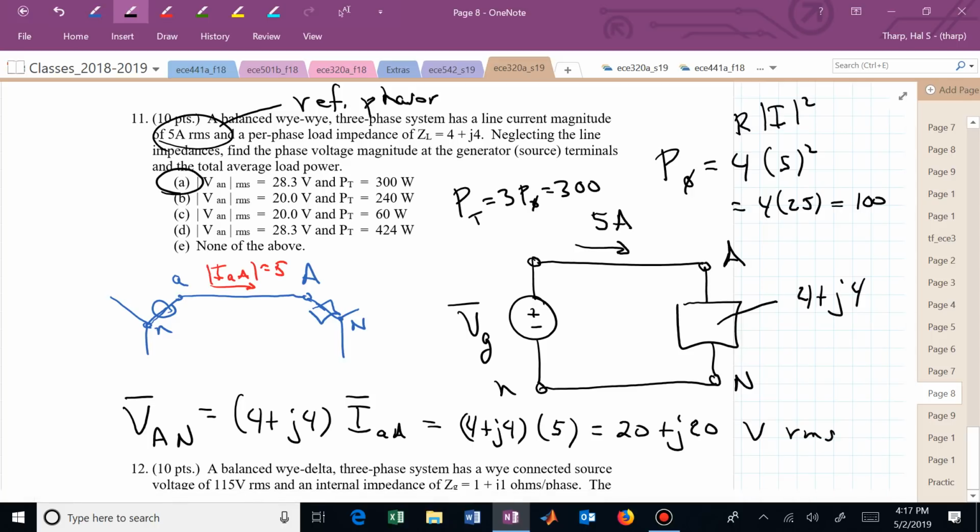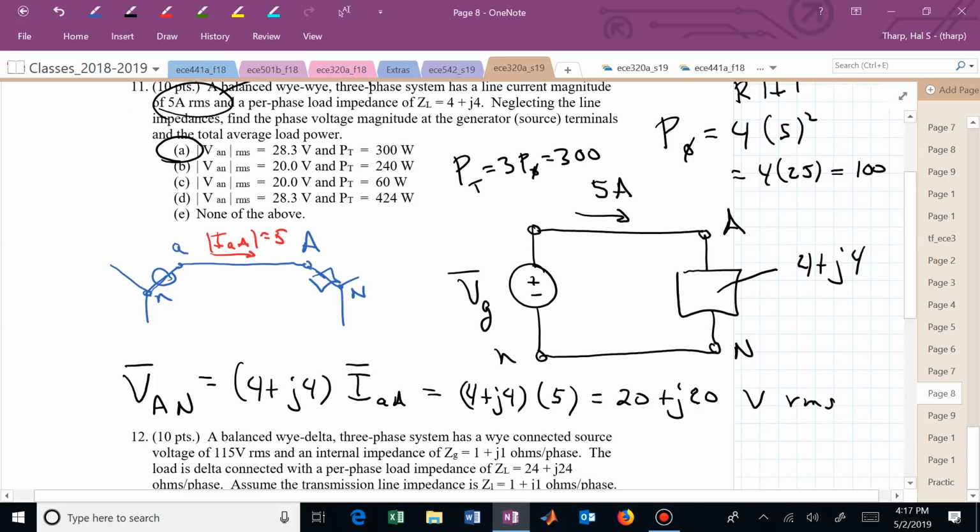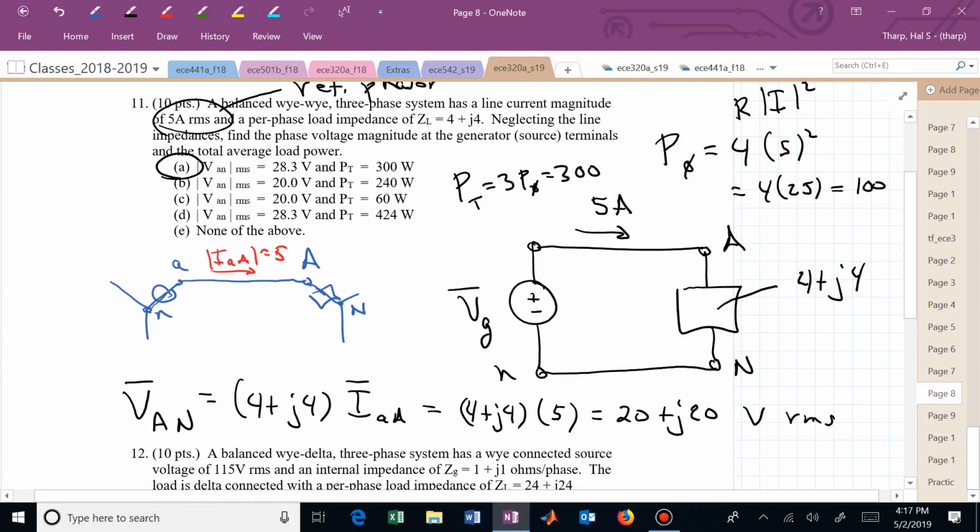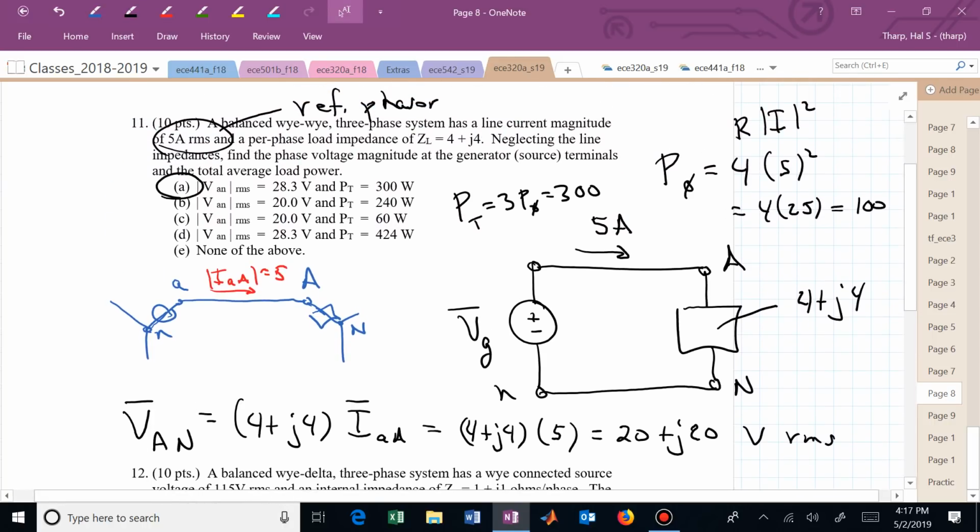That one's, I think, an easier problem. Are there questions on what we did there? You need to get comfortable with moving back and forth. You might have a Y delta, then you might need to convert the delta, if it's balanced, into a Y connection, and that's just a factor of 3 different.